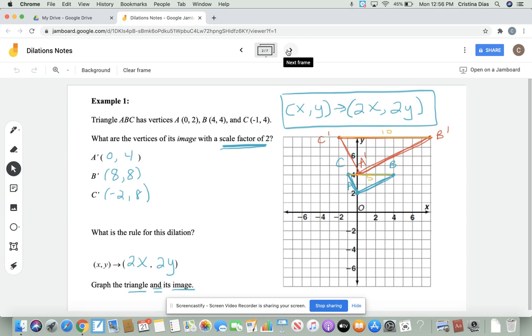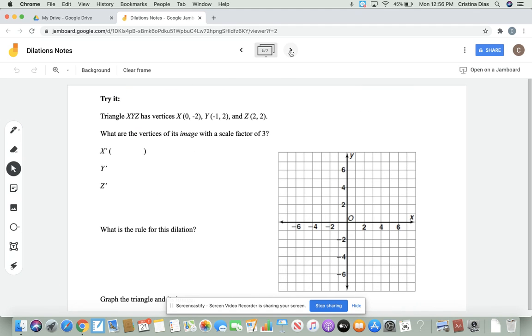Now, what I'd like you to do is please pause your video and see if you can do this example on your own. When you are ready, hit play and I will go over it. All right, so you should be ready to go over this try it example. Triangle XYZ, let's go ahead and plot that at 0, -2.